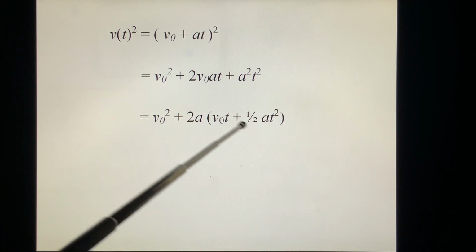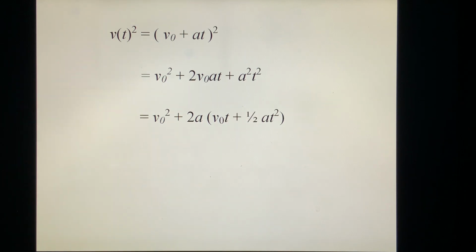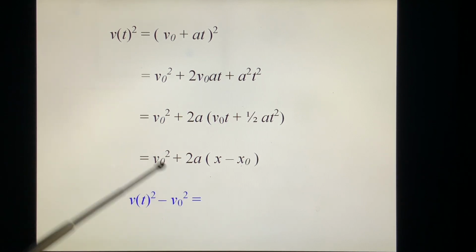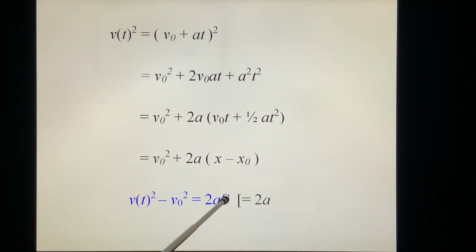This is displacement, x minus x0. This formula, we write v squared minus v0 squared equals 2as, where s equals x minus x0. This is the third formula for constant acceleration you have to remember.